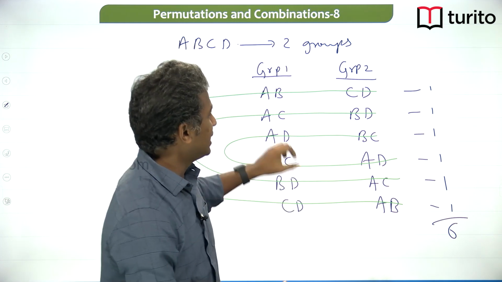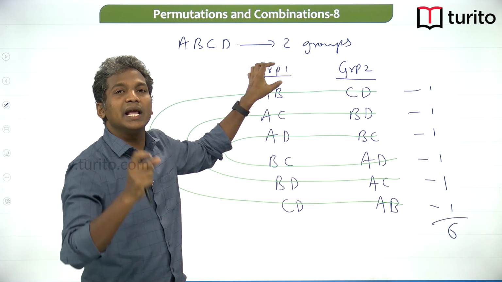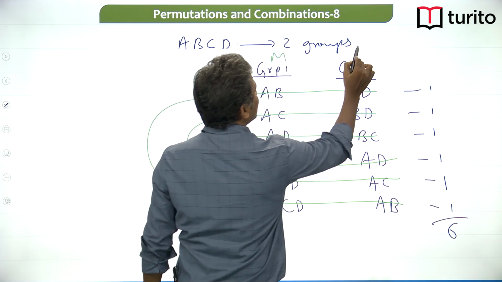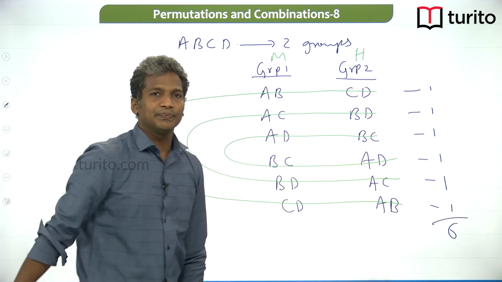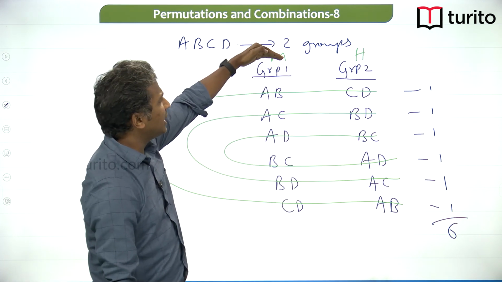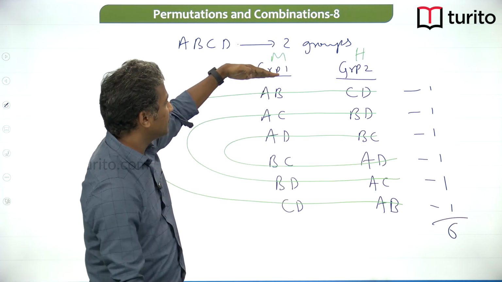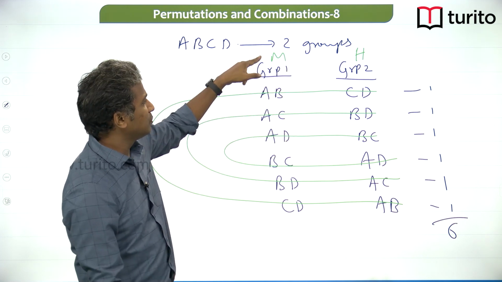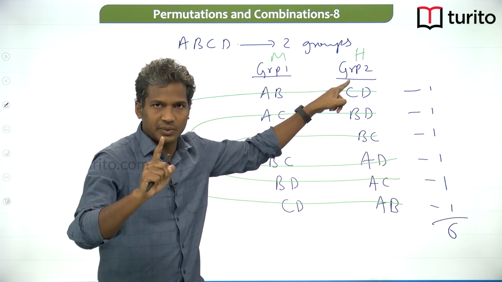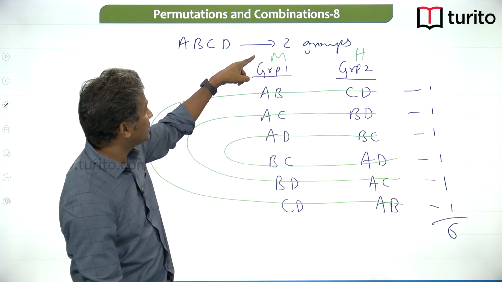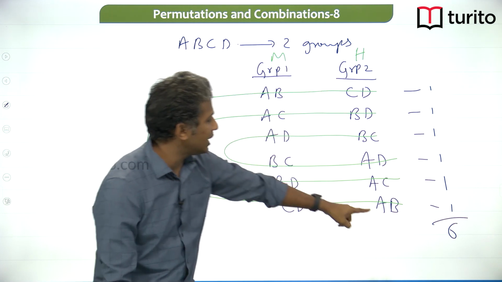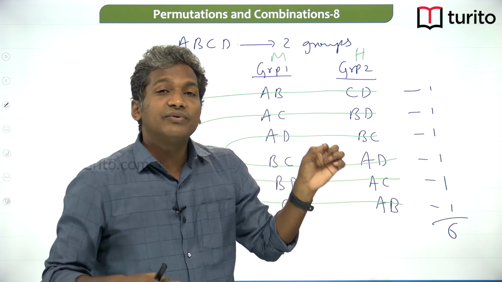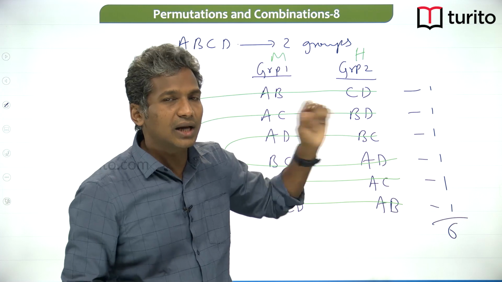Okay. So, here if I let us say there is a name of the group. Let us say I name this group as Mumbai and I name this group as Hyderabad. Okay. So, now Mumbai and Hyderabad, these 2 are having 2 different names of the groups. So, AB coming in Mumbai and CD coming in Hyderabad, CD coming in Mumbai and AB coming in Hyderabad, these 2 are 2 different cases if I named them as Mumbai and Hyderabad.